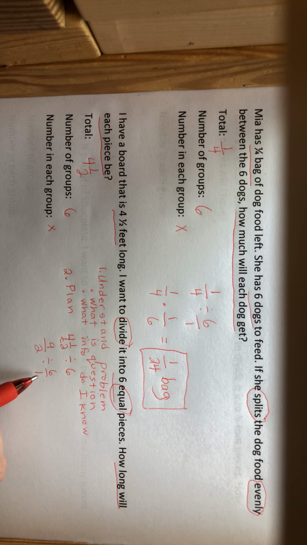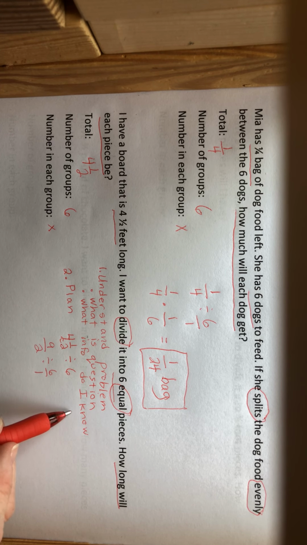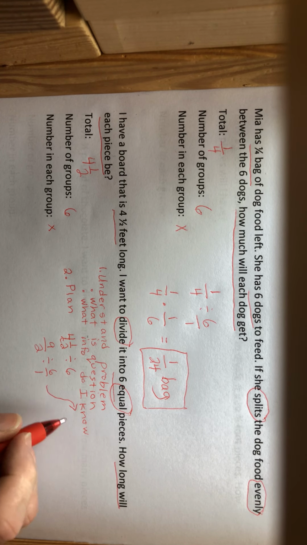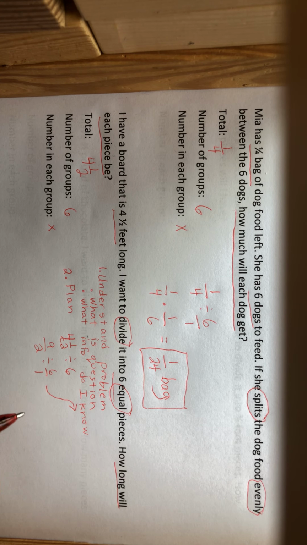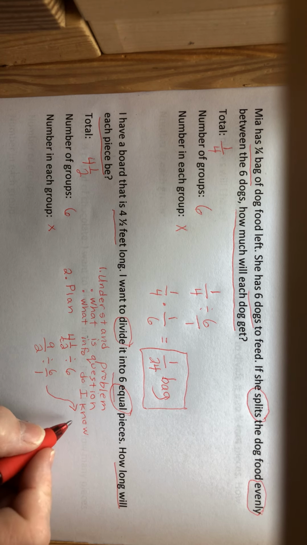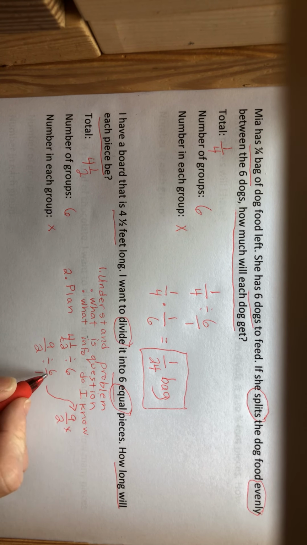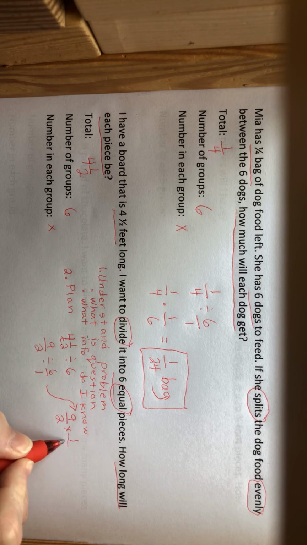I usually write that step down because it's really easy to make a mistake when you're going to multiply by the reciprocal if you haven't written that down yet. Now I'll go up here and remember the song, you know, multiply by the reciprocal. So I'm going to multiply by the reciprocal.